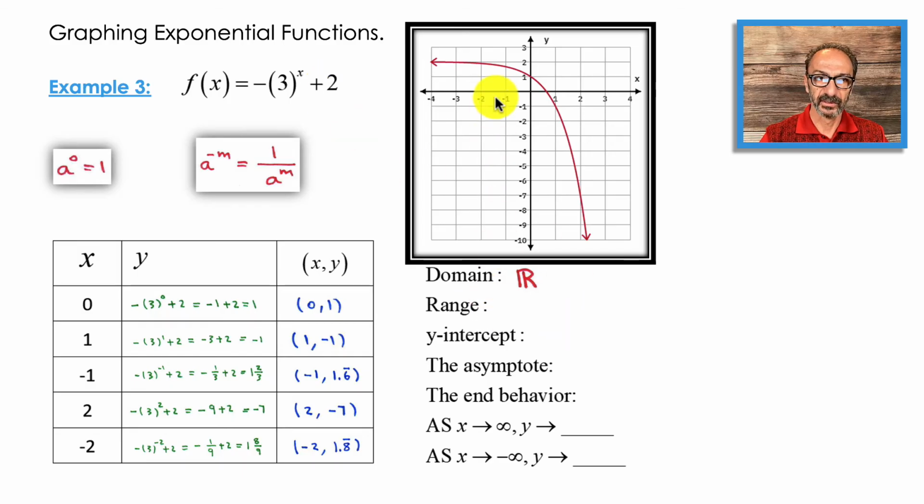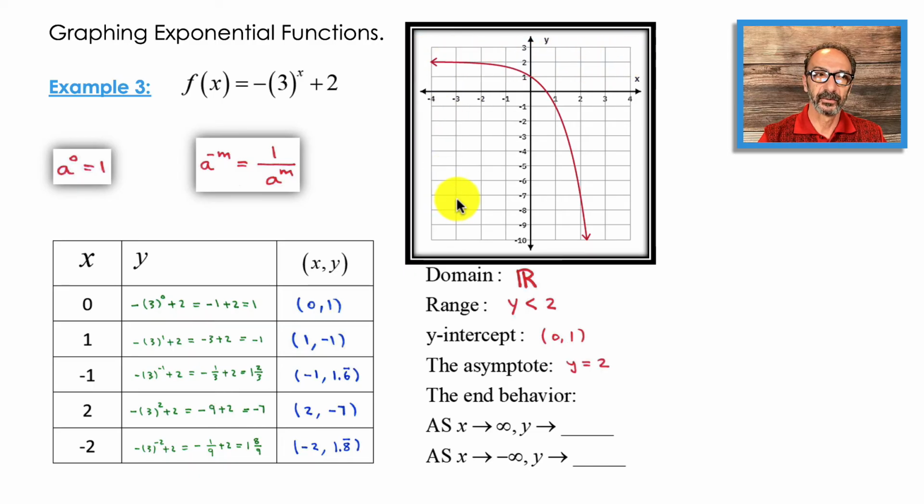So we're always below 2, and the asymptote will be y equals 2, and the y-intercept 0, 1. So here's the range. Y less than 2. The y-intercept 0, 1. The asymptote will be y equals 2. That's this line right here.